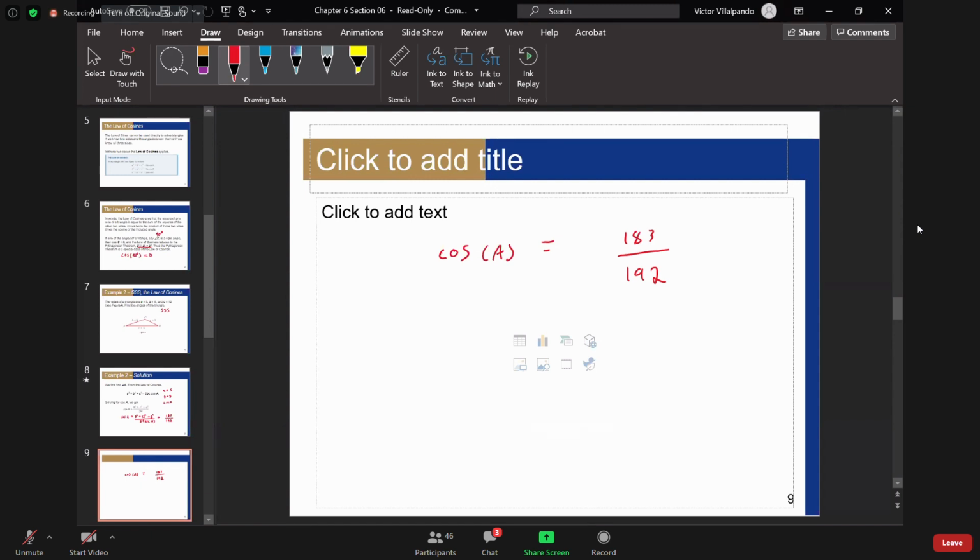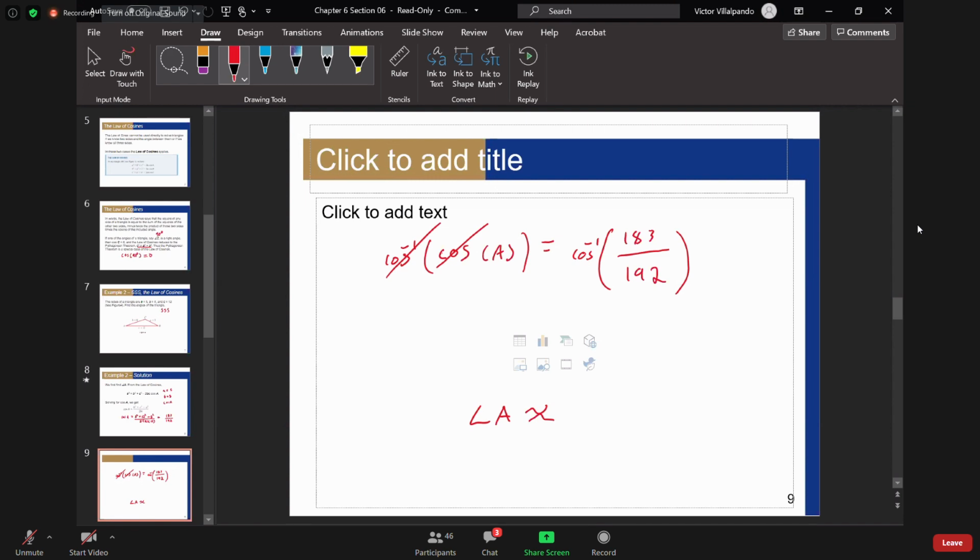We did sine inverse in 6.5, so here we'll do cosine inverse. Let's round to the nearest whole angle. So angle A. Remember your calculator needs to be in degrees mode.